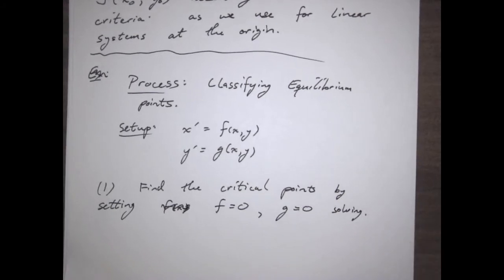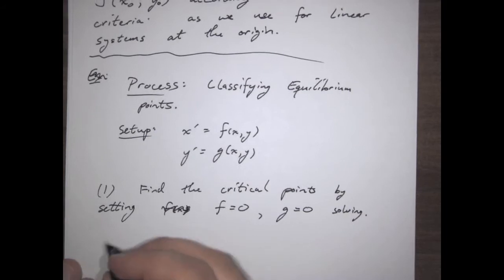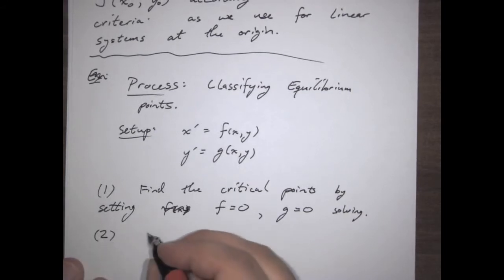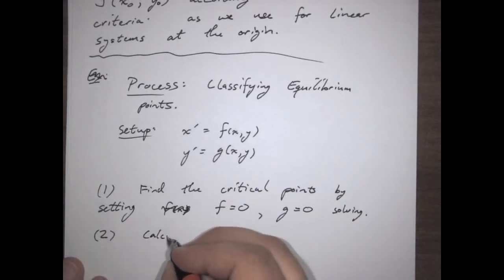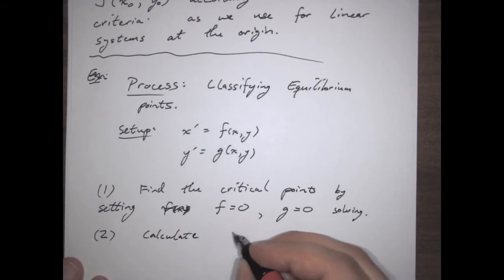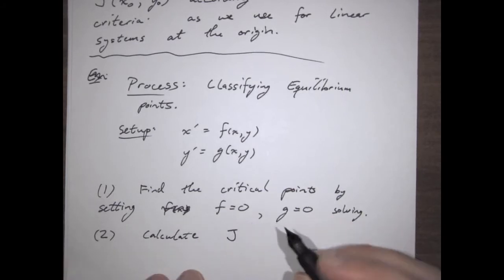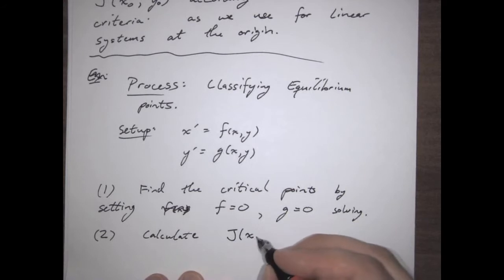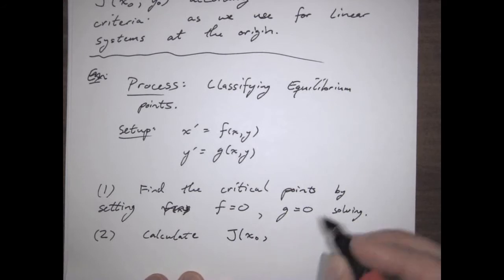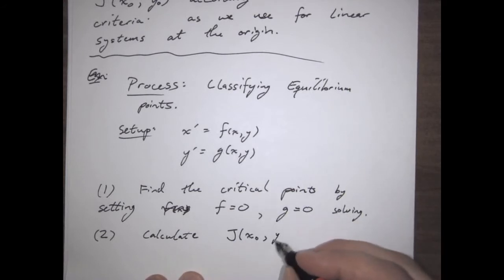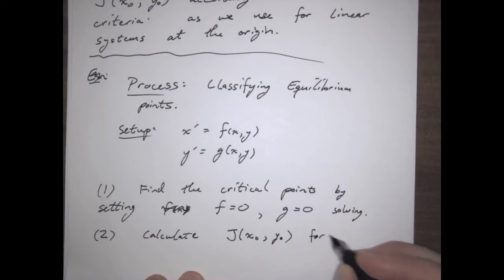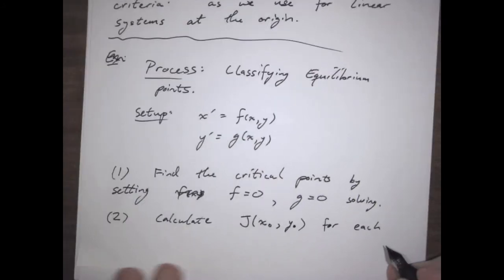Okay, so this is a thing we already know how to do. Secondly, calculate J of (x0, y0) for each critical point.